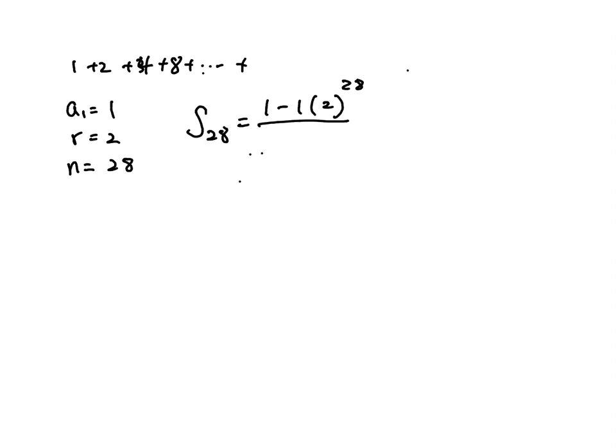So we know a1 is 1 and the r is 2, and the n in this case, because we have 28 days, is 28. So let's plug in our formula. 1 minus 1 times 2 raised to the 28 over 1 minus 2.